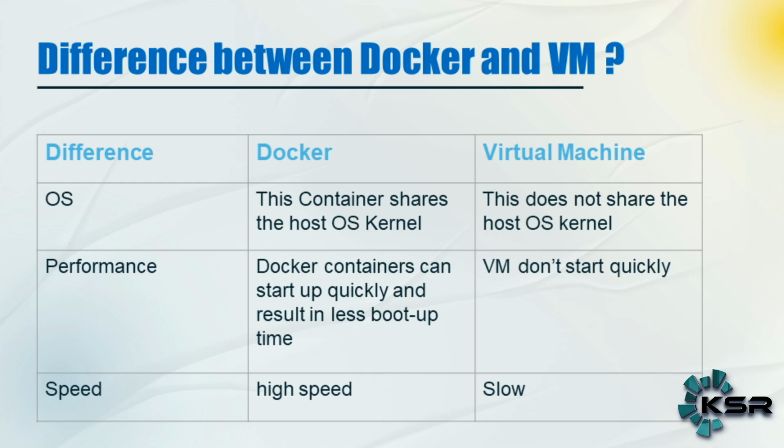About portability, Docker containers can create an application and store it into a Docker image, but a virtual machine cannot do that, right? And a Docker container is smaller than a virtual machine, because of which transferring the files on the host is slow on virtual machines when compared to Docker.